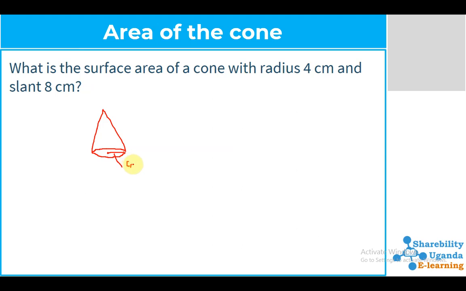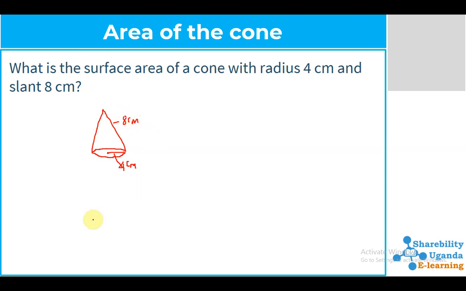Then they are saying a slant, and this is the slant, which is 8 centimeters. They want us to find the surface area of this cone.